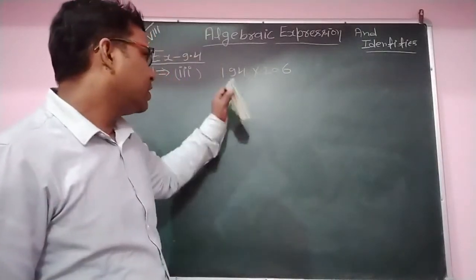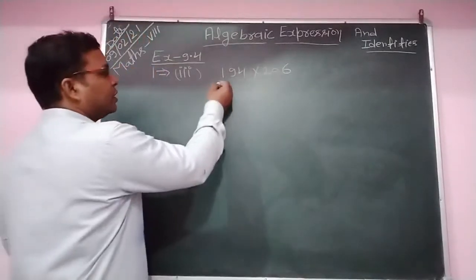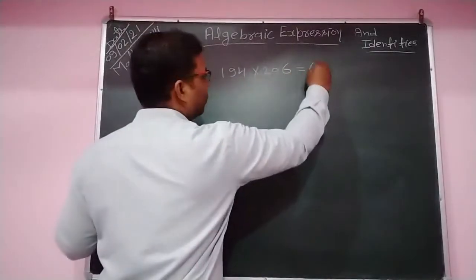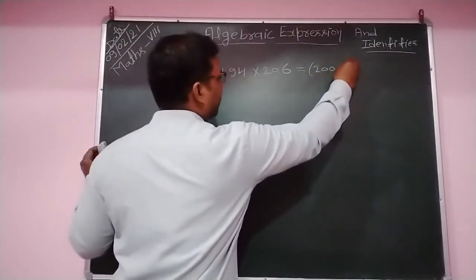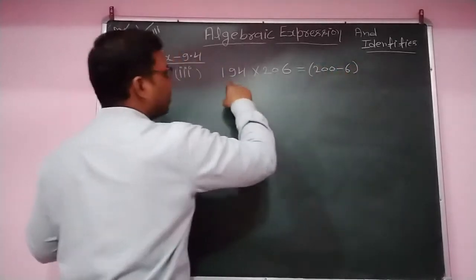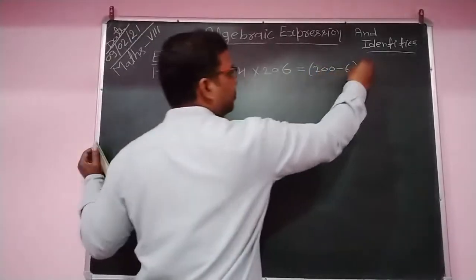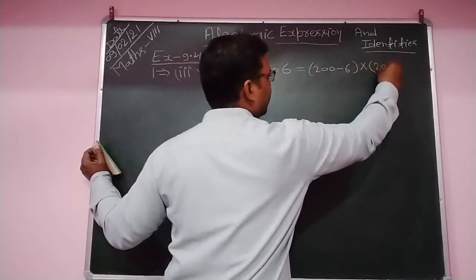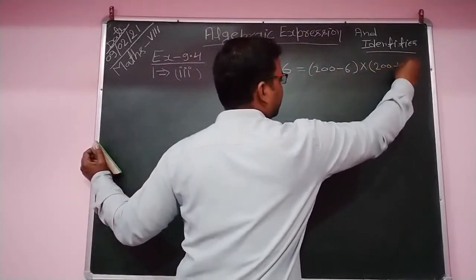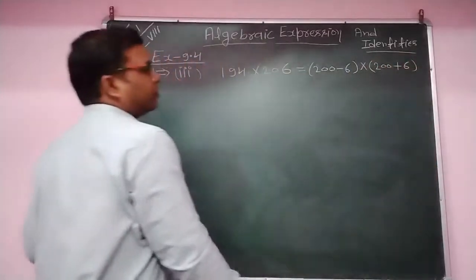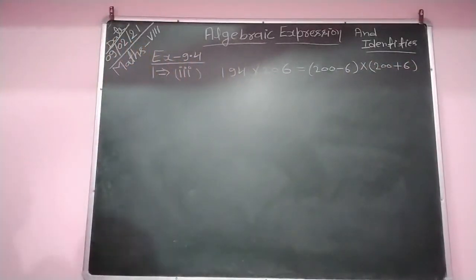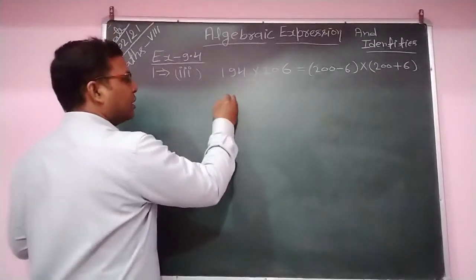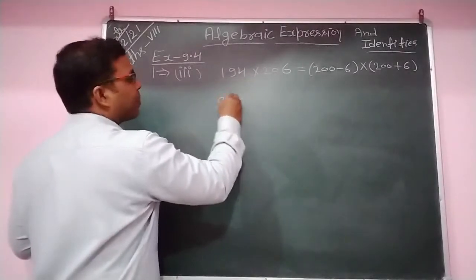So you can write it like this: 194 is 200 minus 6, and 206 you can write as 200 plus 6.